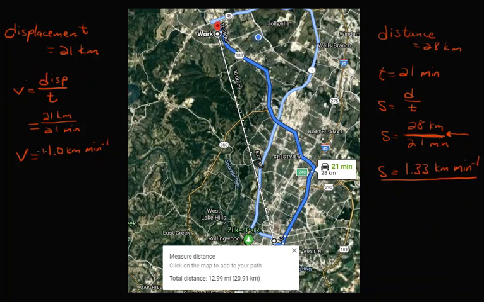It's positive, meaning we end up north of the capital, or we could say 1.0 kilometers per minute, and it's really not straight north. It's kind of northwest, 1.0 kilometers per minute to the northwest. All right.